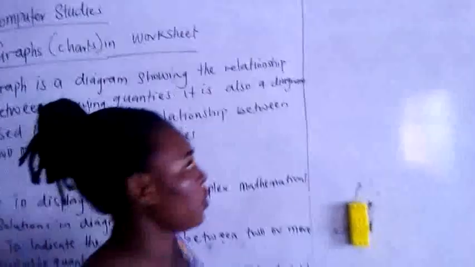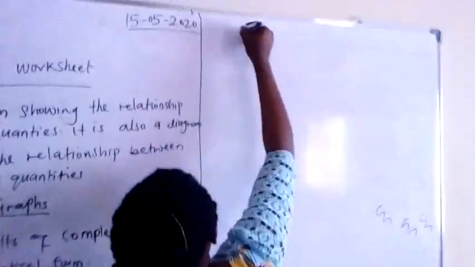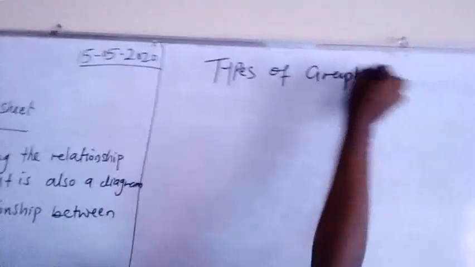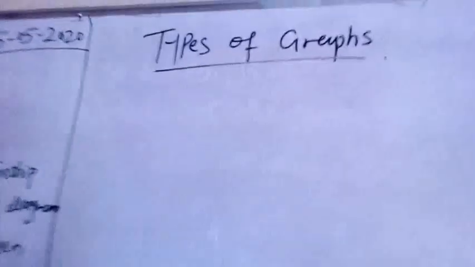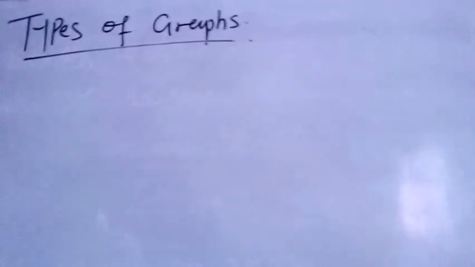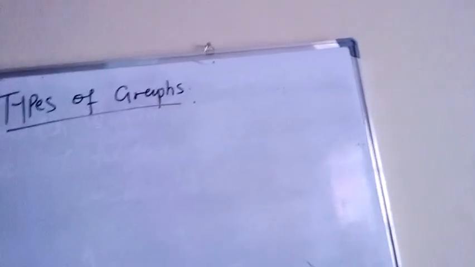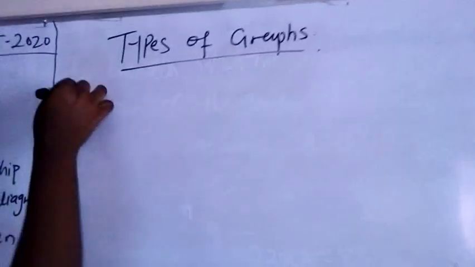That will take us further to types of graphs. The first type of graph we are going to look at is the chart type.